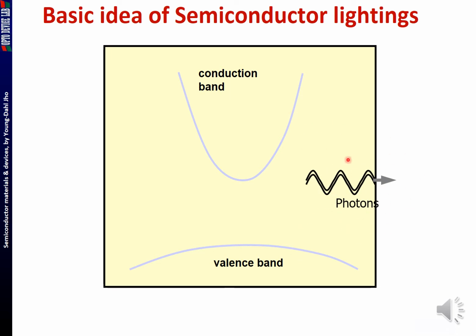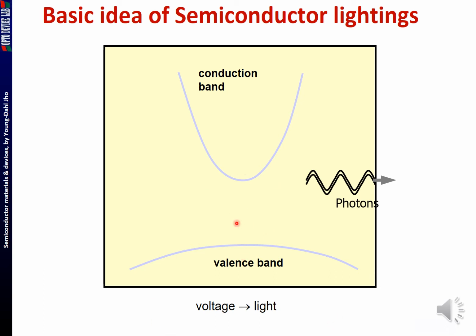That is the idea of semiconductor lighting. This is the idea of LED, light emitting diode, and then laser. Surely laser needs some other additional concepts like stimulated emission. But you will discuss that later on, probably at the end of this course.